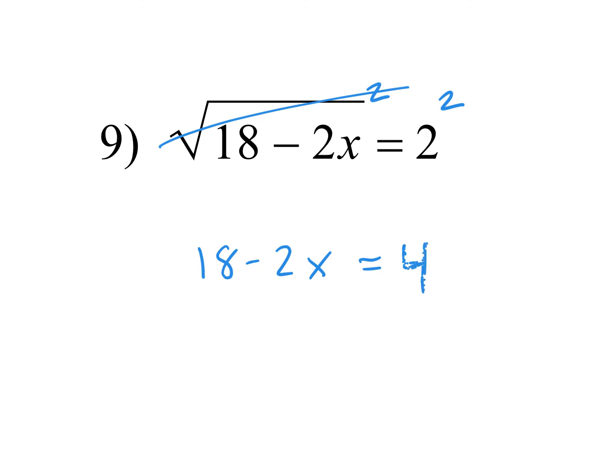What should we do next? Subtract 18. So negative 2x is equal to, what is 4 minus 18? Negative 14.